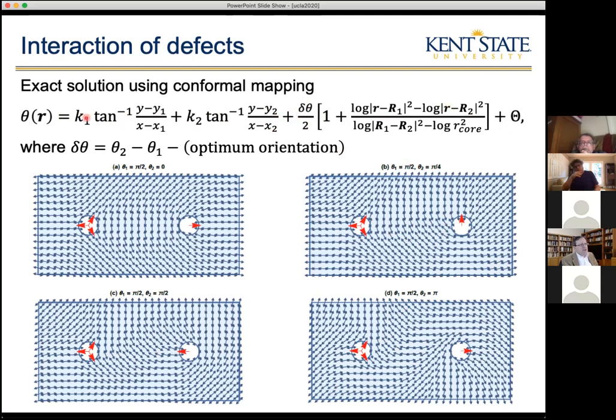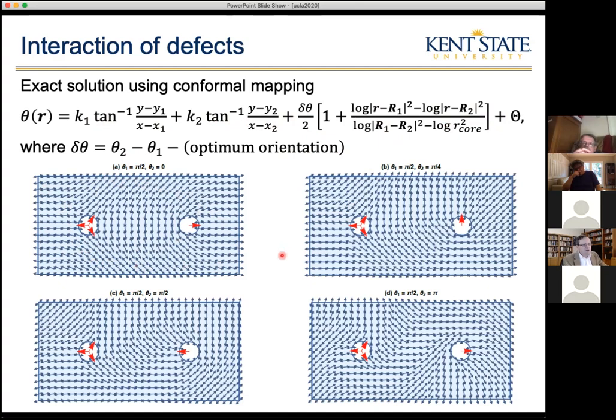The sum of inverse tangent functions is what you would get if you have the optimal relative orientation, like in this picture. But if you have some non-optimal relative orientation, you just have to add on this complicated logarithmic business.